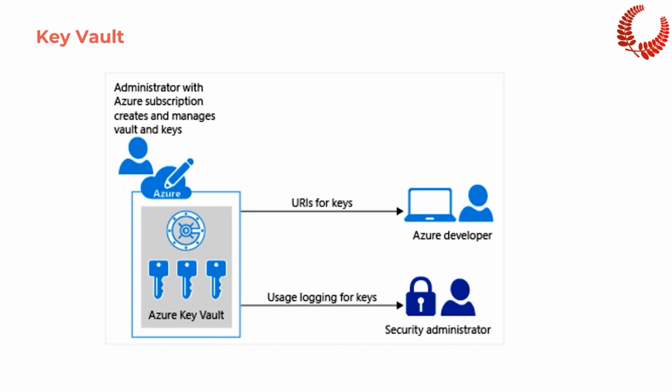The standard one encrypts with a software key, and there is a premium one, which also includes hardware security module protected keys. These are protected by Thales hardware security modules, very secure, and very popular and used all over the world in different situations.